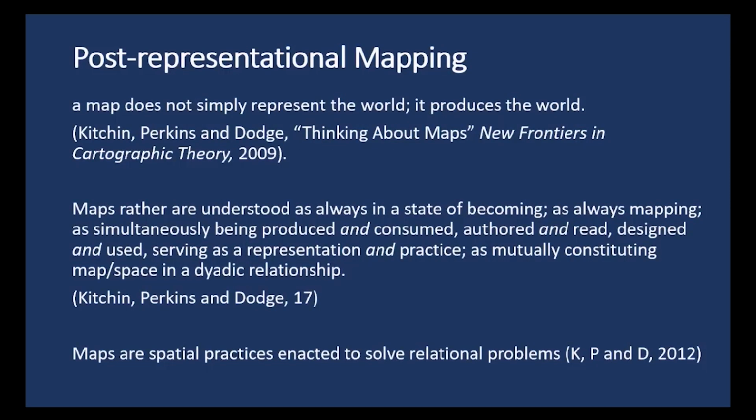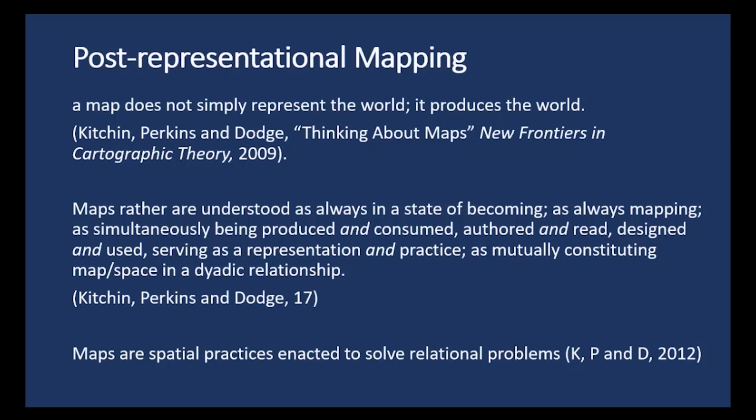And Rob Kitchen is a really key person here. He has some really good papers on this. So he says, a map does not simply represent the world, it produces the world. Following from this then, emerges a kind of processual approach for mapping, which values maps as dynamic and fluid, and focuses on what they do rather than on what they represent.